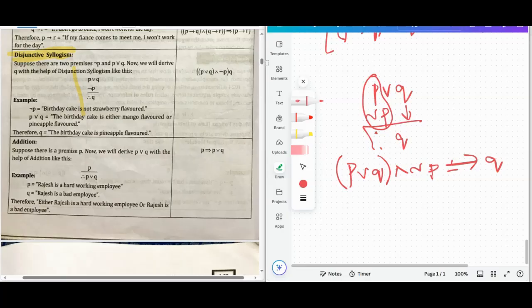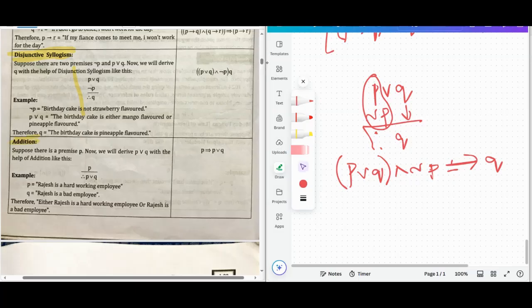Then, for example, negation P: the birthday cake is not strawberry flavored. P or Q: the birthday cake is either mango flavored or pineapple flavored. Then Q: the birthday cake is pineapple flavored. Then the next one is called addition. What is meant by addition here?